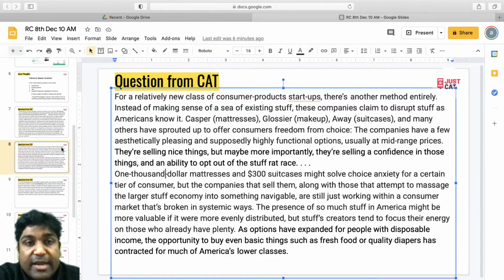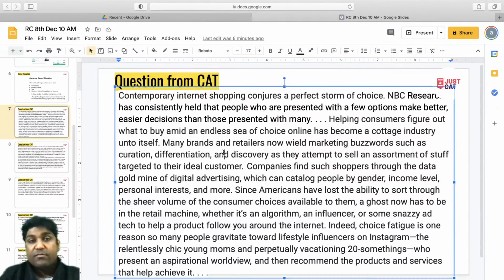Let's try and understand what was the purpose of this long paragraph, which we could have divided into at least 2 or 3 parts. So basically, the purpose of this paragraph was to highlight the problem of plenty, and how certain companies are helping these people make the choice.